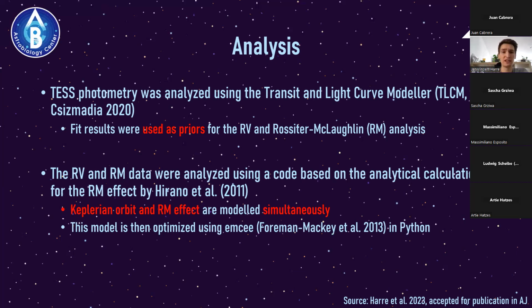And the radial velocity data were analyzed using a code based on the analytical calculations for the Rossiter-McLaughlin effect by Hirano et al. 2011. And in this code, the Keplerian orbit and the Rossiter-McLaughlin effect are modeled simultaneously. And this model, which we have for the 2 effects, is then optimized using MCMC in Python.